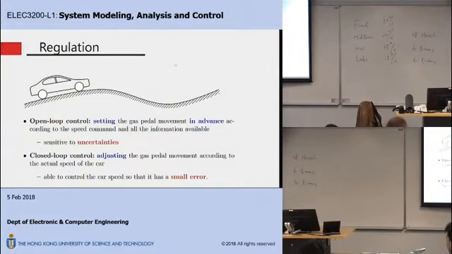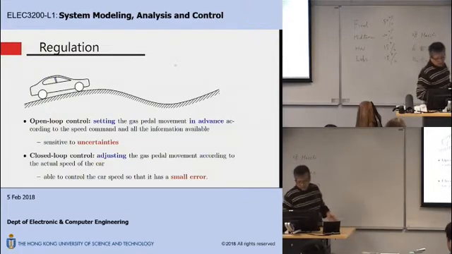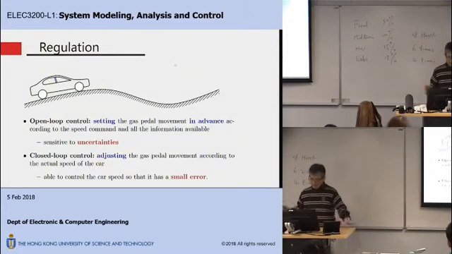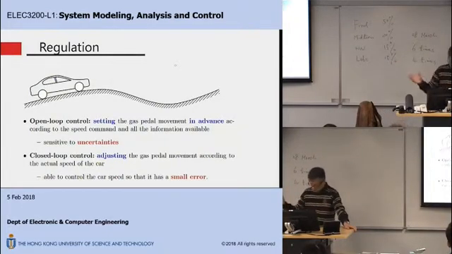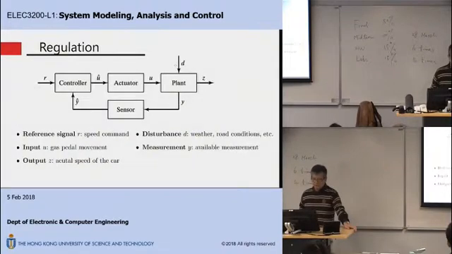This command is something you cannot control. That's why in regulation you have this external command. In the stabilization problem, you don't have this external command. So that's a big difference.